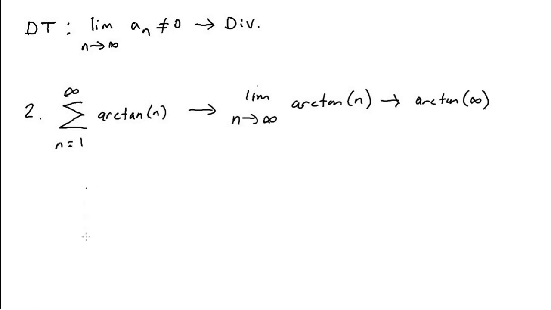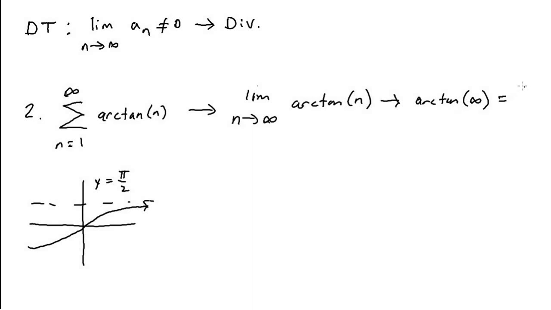And if we were to quickly draw the graph of arctangent, it will look something like this. And as that x value gets bigger and bigger to infinity, it reaches a horizontal asymptote, and that horizontal asymptote is at y equals pi over 2. So the limit as n approaches infinity of arctangent of n is going to be equal to pi over 2.